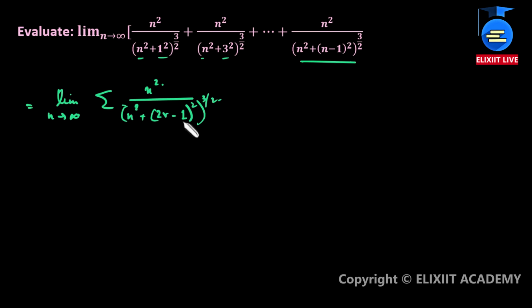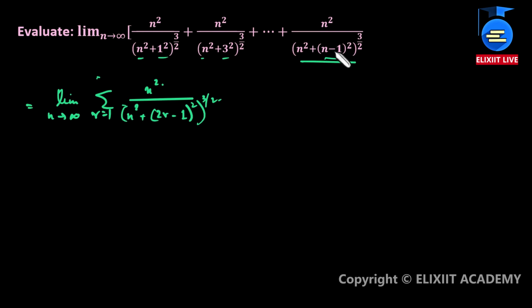That is fine. But you put r equals n over here, this will become (2n minus 1) whole square. But over here we are having (n minus 1) whole square, not 2n minus 1. r will definitely start from 1, but the end limit has to be not n.